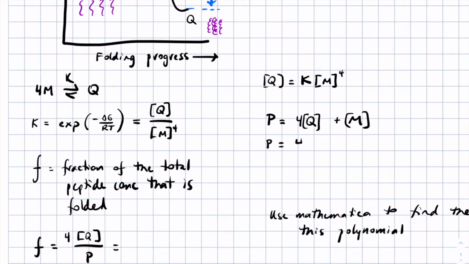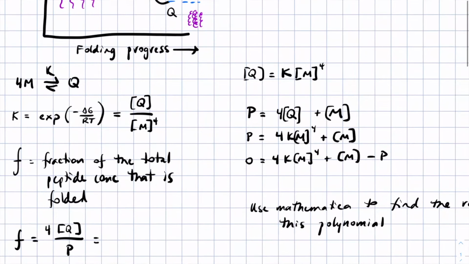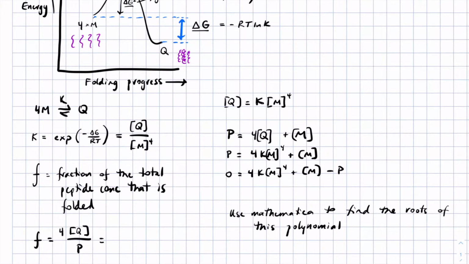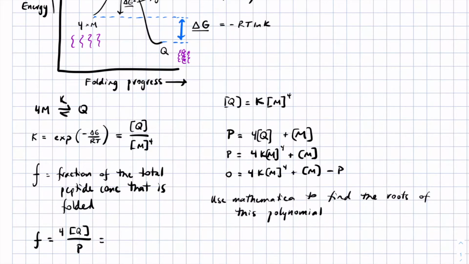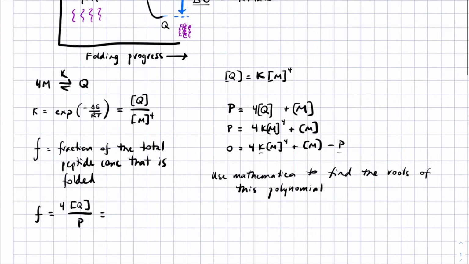Then we can substitute that expression in and subtract p from both sides, and we have this familiar polynomial, the roots of which are going to tell us what m is. By finding the roots of this polynomial, we're going to get an expression for monomer concentration that depends only on equilibrium constant and total peptide concentration.